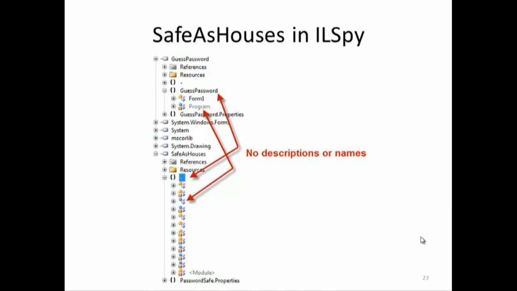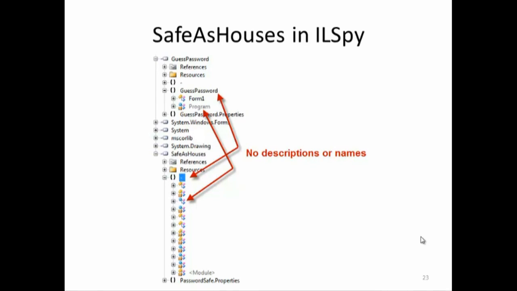So let's go ahead and open up Safe as Houses in ILSpy. That's one of our first tasks, right? So you'll see here that I wanted to highlight Guess Password up top and Safe as Houses down below. Once you open the tree structure of both, in Guess Password you can see that I have Form1 and Program.